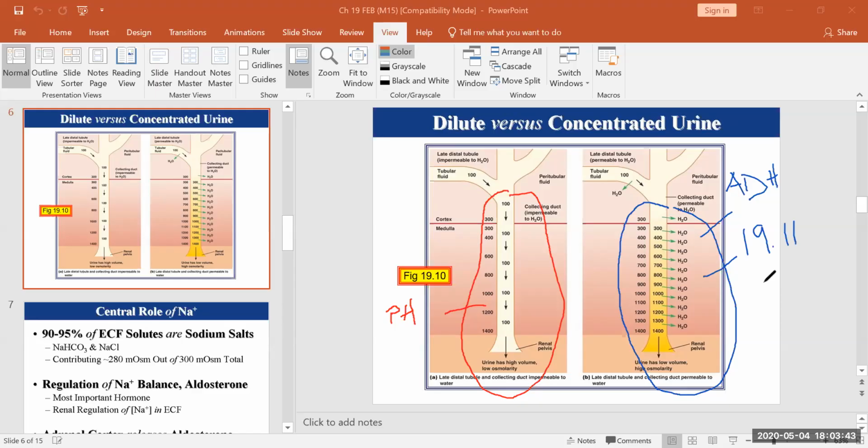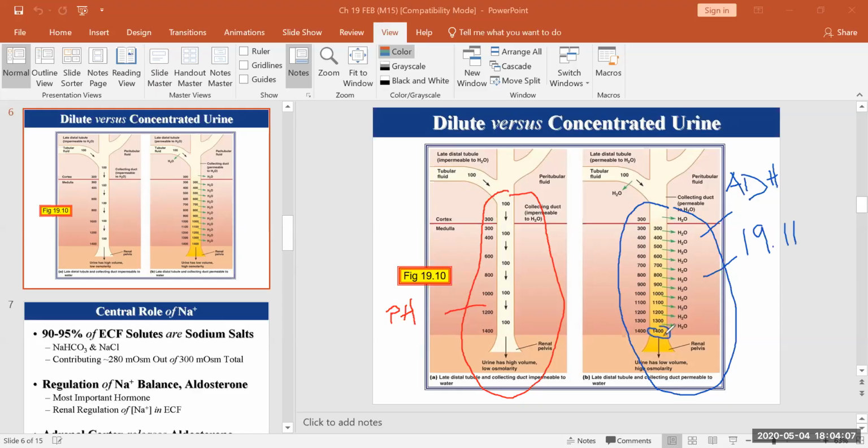Now, there's a limit as to how much you can concentrate urine. That limit is you cannot concentrate urine more than your own osmotic gradient in the renal medulla. So if the osmotic gradient is 1400, then the most concentrated urine you can produce is 1400.